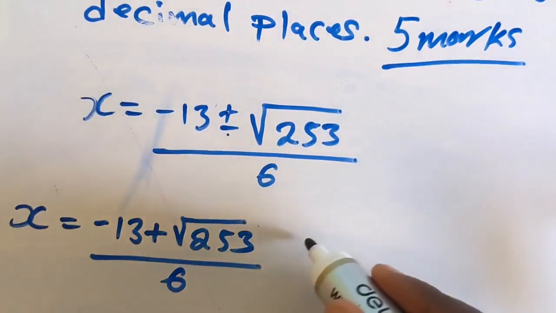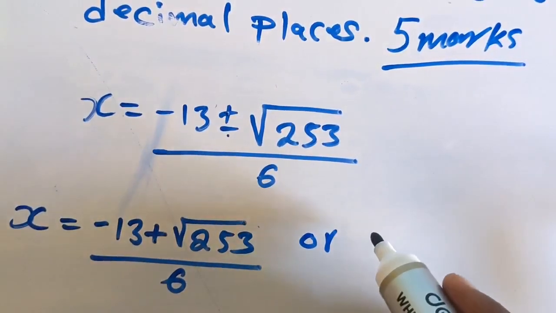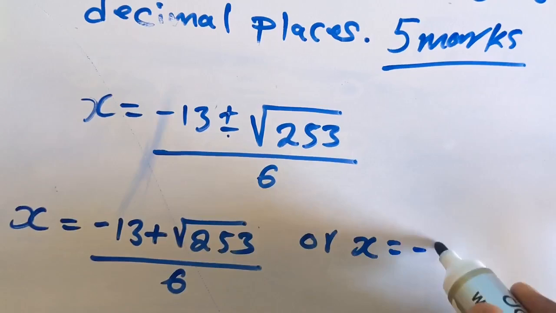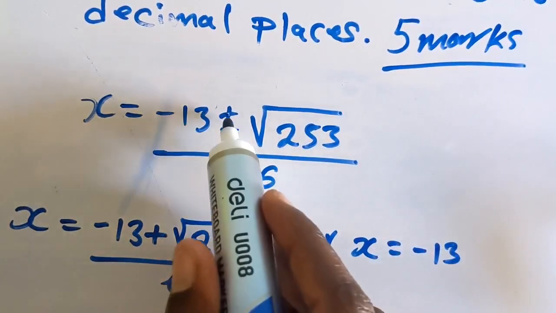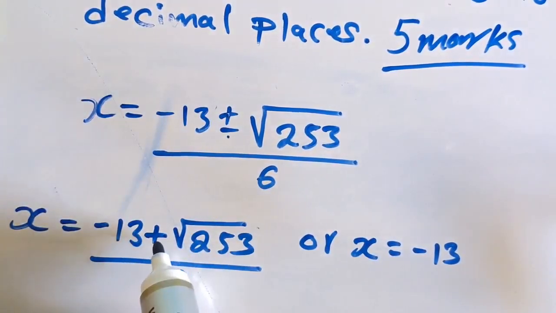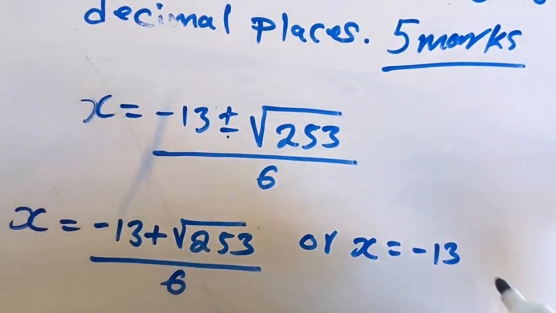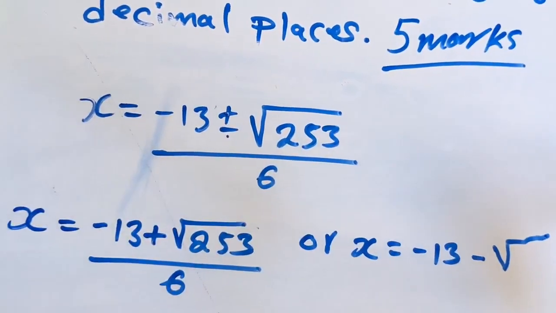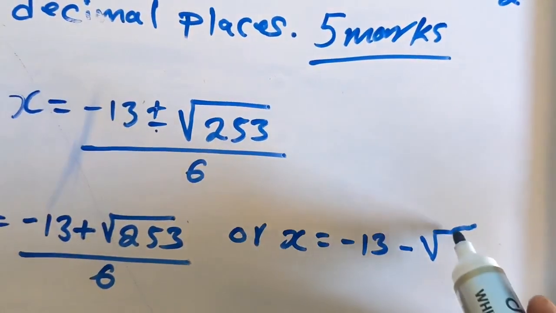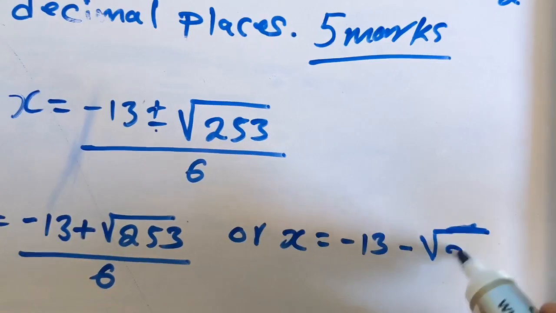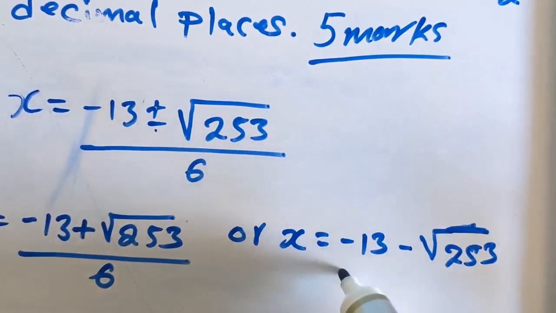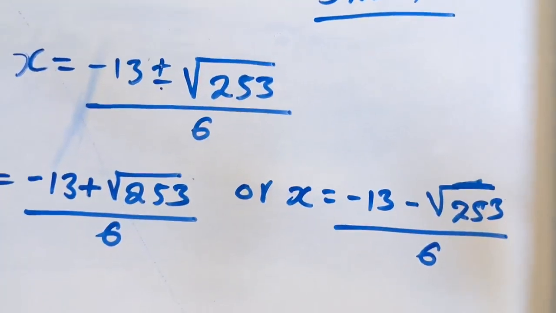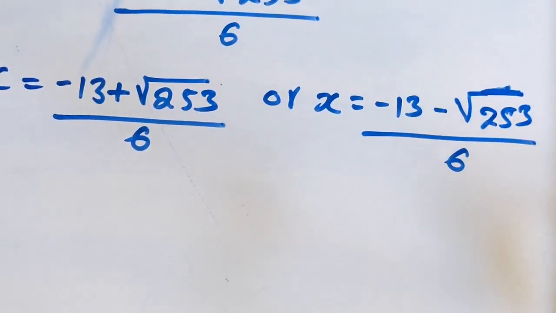Or you say x is equal to negative 13, then here we got a positive, so we are going to get a negative, minus, then what follows is the root of 253 divided by 6. So these are the 2 solutions that you have.